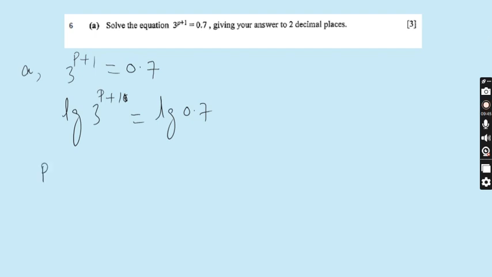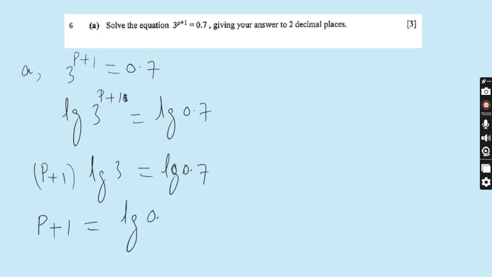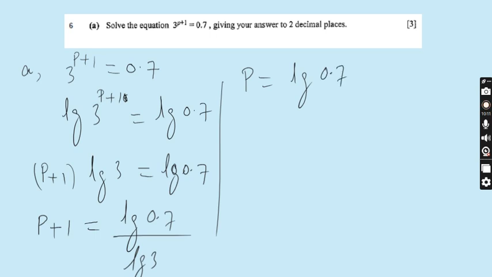Write p plus 1 before the log 3, or p plus 1 is equals to log 0.7 upon log 3, or p is equals to log 0.7 upon log 3 minus 1.